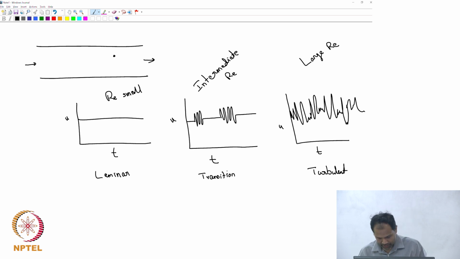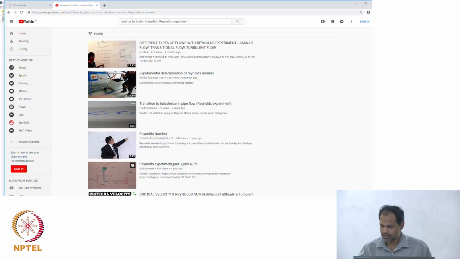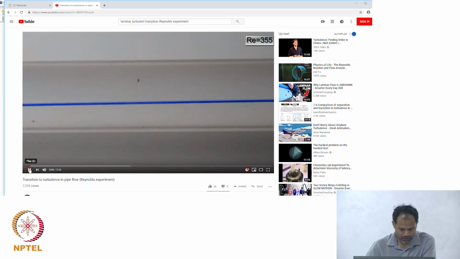You might have already seen several instances. You have heard about Reynolds experiment, right? I think this is actually a pipe where the fluid is flowing, and the blue line that you see is basically some ink that you have inserted.